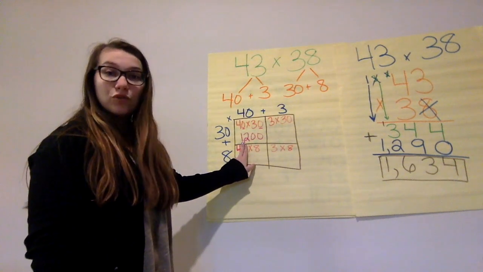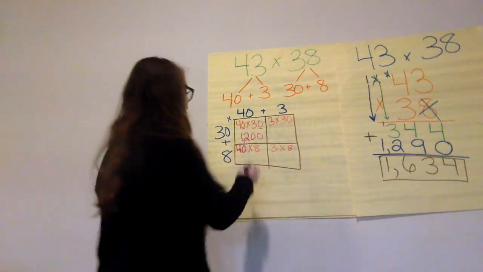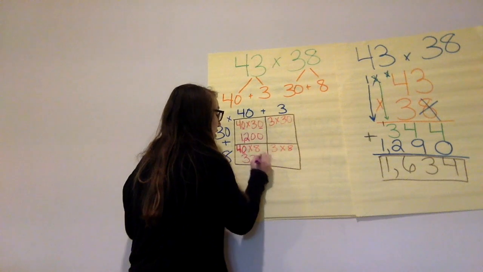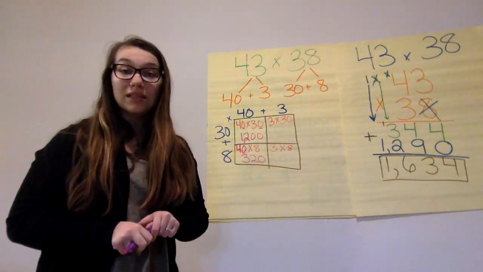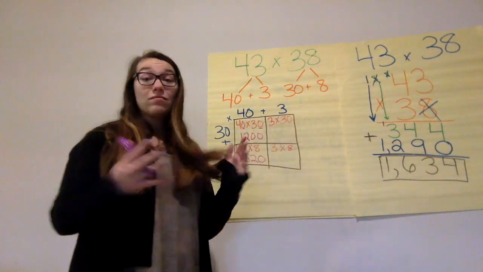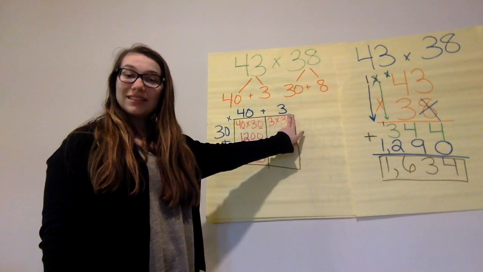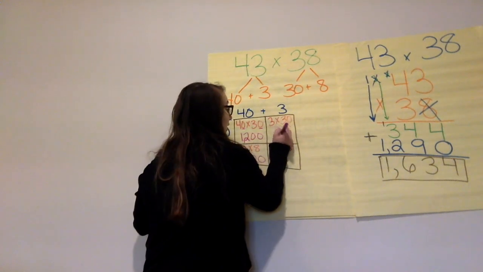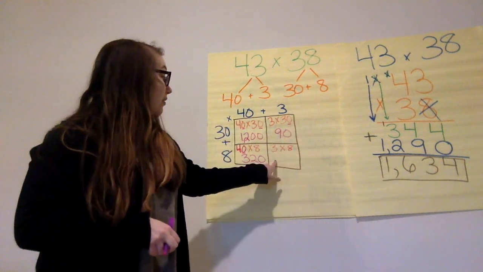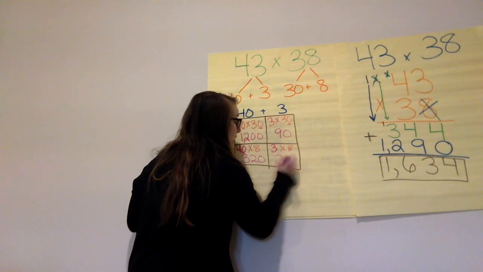We'll do 8 times 4, 8, 16, 24, 32, with 1 0. We cannot forget that 0. Makes 320. We're going to go up here to 3 times 30. Again, 30 is a big number. Cover up that 0. Do 3 times 3, which is 9. And then we have 1 0, which makes that 90. And then finally, we have 3 times 8, which equals 24.